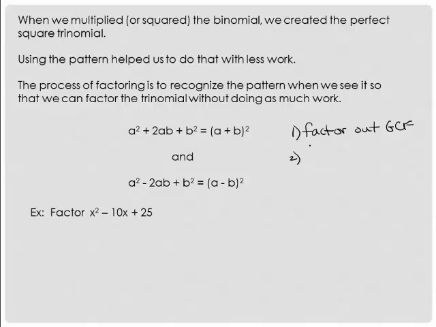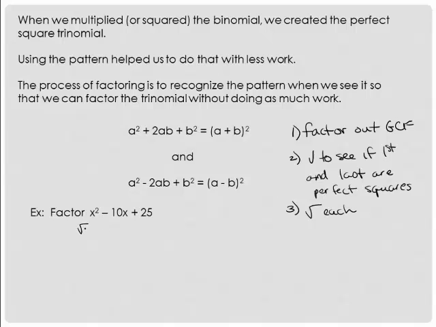And then the next step we're going to do is check to see if the first and last are perfect squares. Okay, here I have x squared, that's a perfect square, and 25 is a perfect square. So the third step is to square root each.